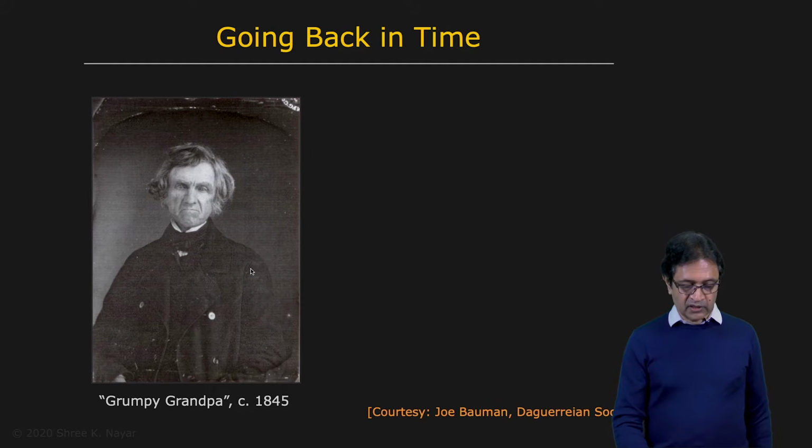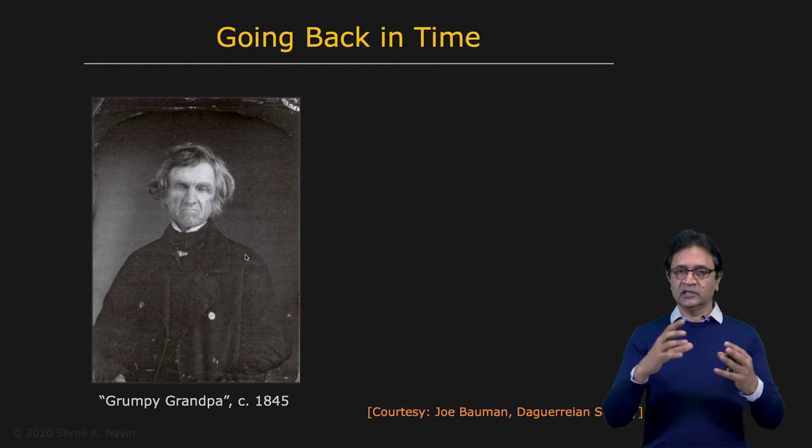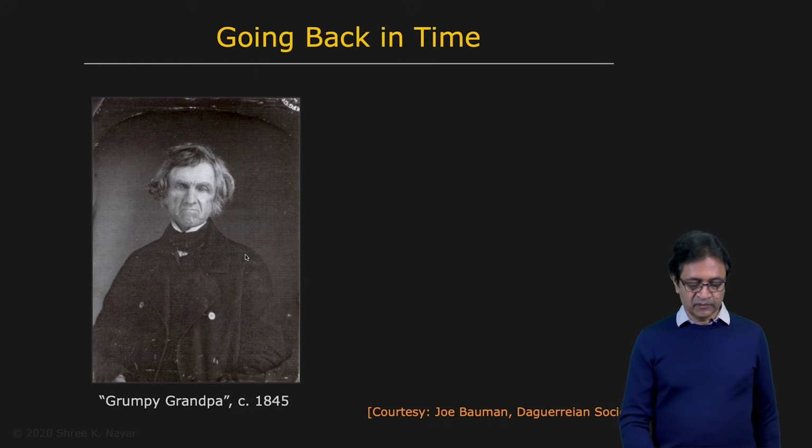So what the society has done is used this technique that I just mentioned, which is estimating the world around the person, to go into the photographs which have reasonably good eyes in them and try and figure out what may have been around the person back at that time.